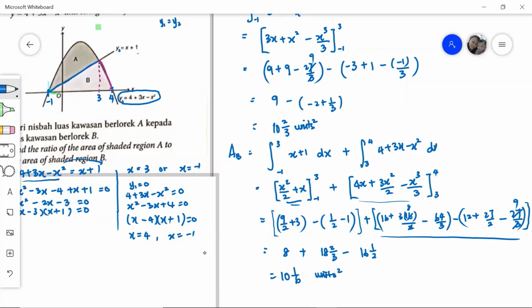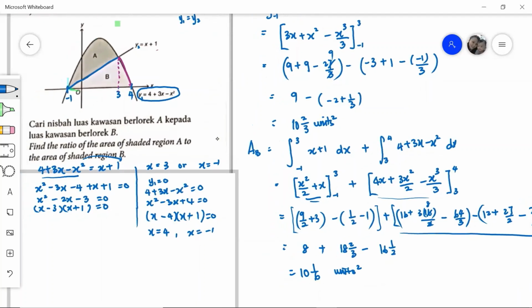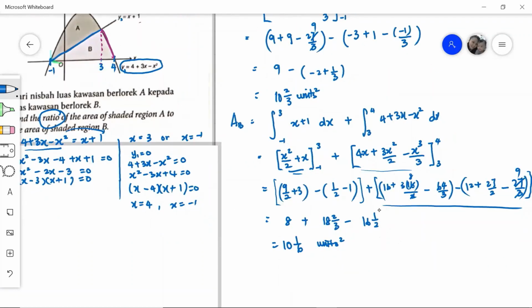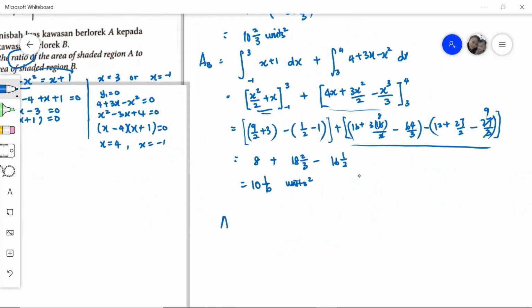But that's not the end of the answer yet, because we have to find the ratio. Always remember what we are looking for. We want to find the ratio of A to B. So the area of A to the area of B is 10 and 2 over 3 to 10 and 1 over 6.